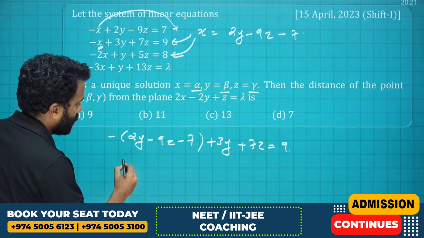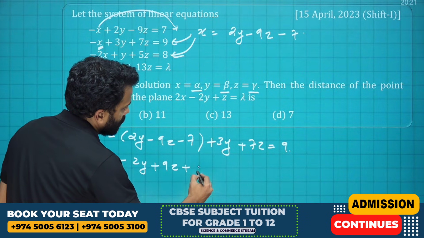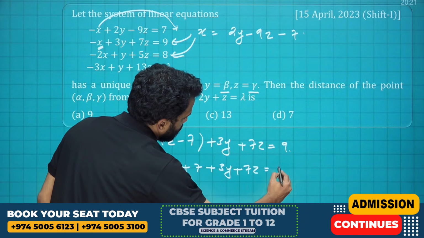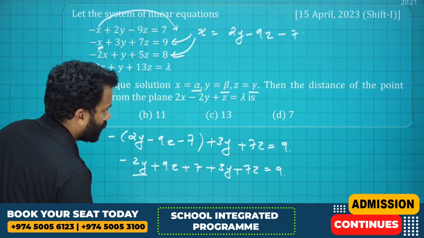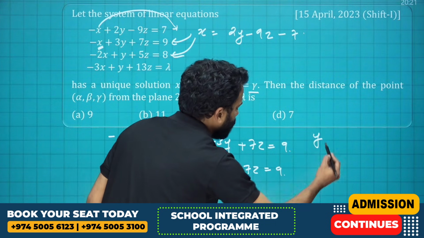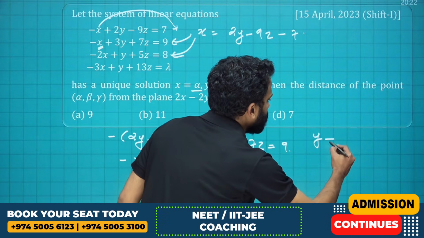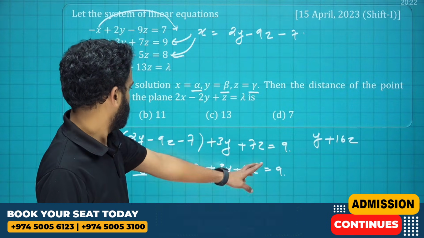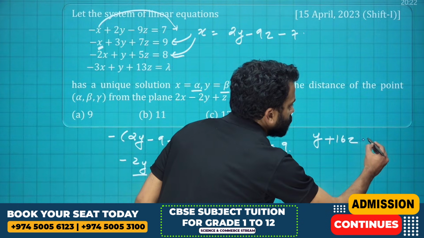Just open the bracket and you will get -2y + 9z + 7 + 3y + 7z = 9. Therefore, -2y + 3y is y, and 9z + 7z is 16z, and 7, if you take it there, 9 - 7 is 2. So y + 16z = 2.